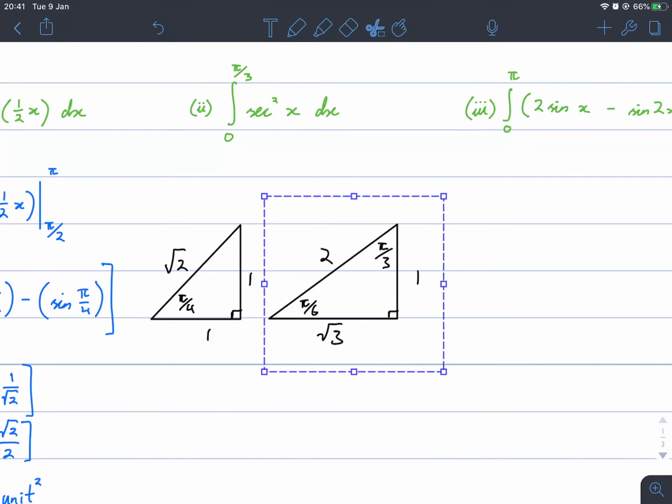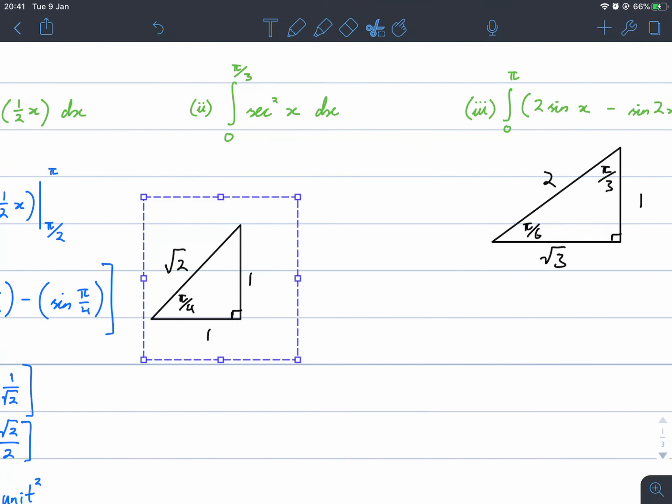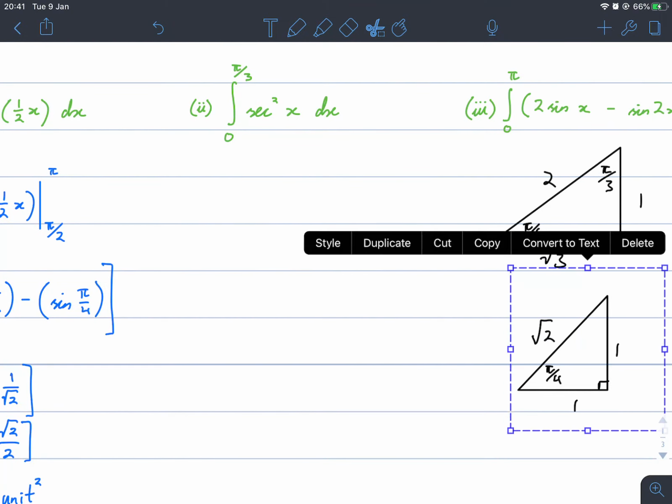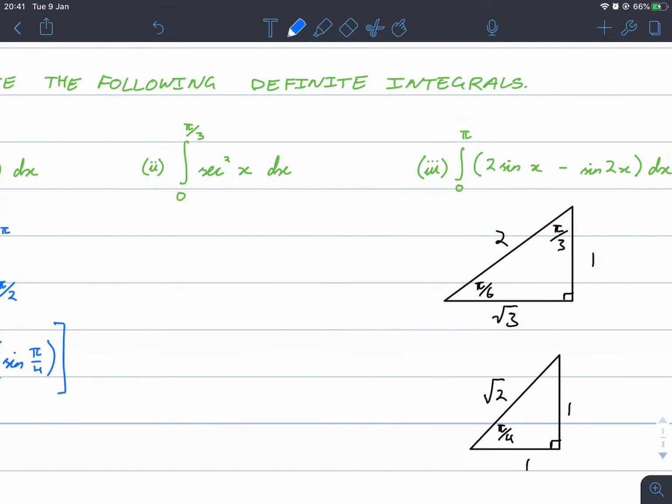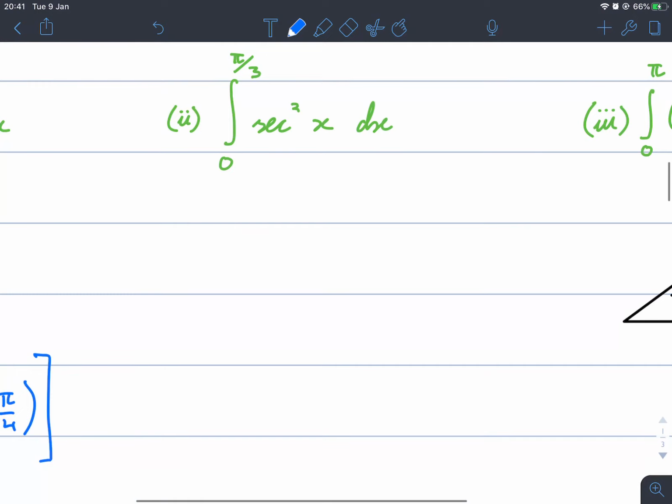Move these out of the way, but leave them in sight because we'll be using them in a moment. So the integral of sec squared x is a very straightforward one. The integral of sec squared is just tan x from 0 to pi on 3.